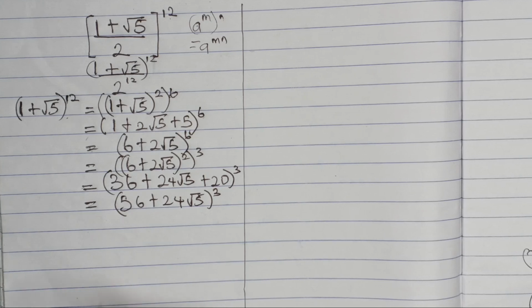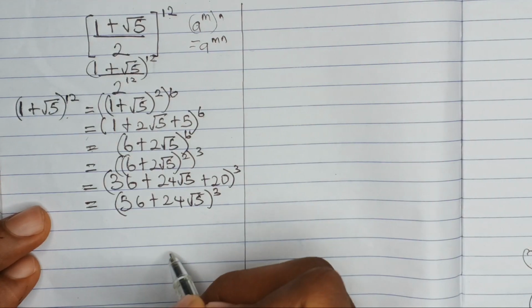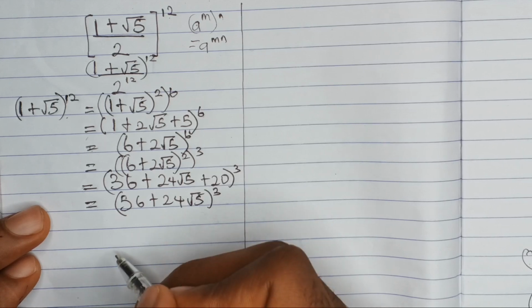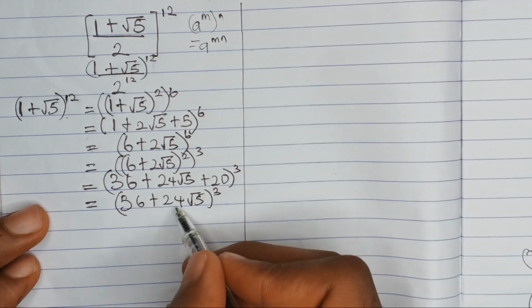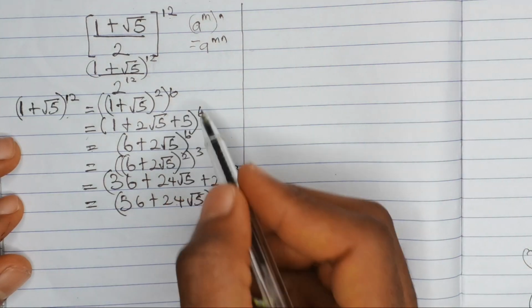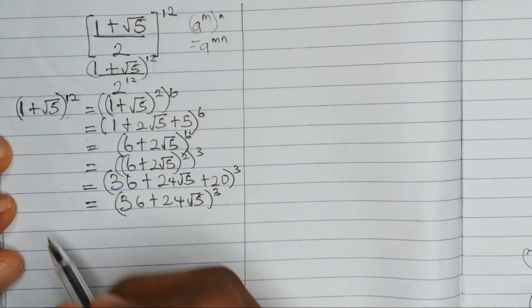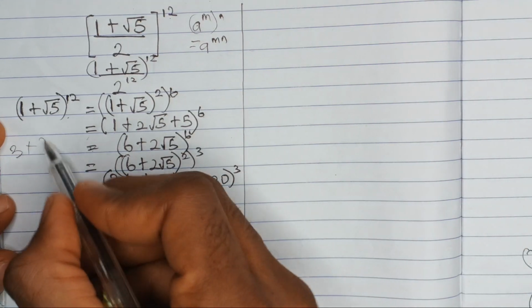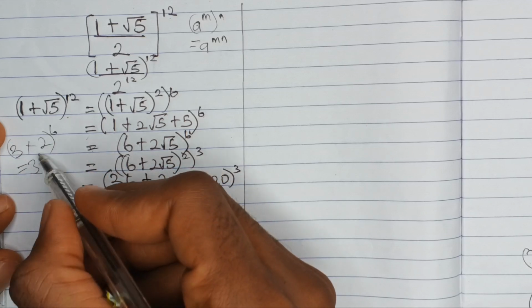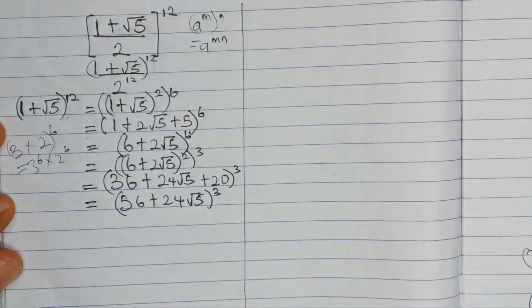Now, from here, we can factor out 8, because 8 times 7 is 56 and 8 times 3 is 24, so 8 is a common factor. But before we factor out, let me clear something real quick. If we have something like 3 times 2 all raised to power 6, it is the same thing as 3 raised to power 6 times 2 raised to power 6.